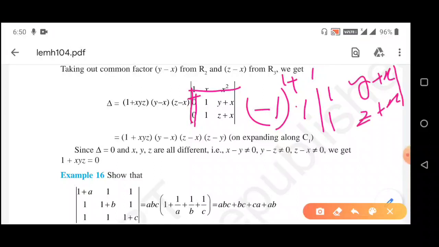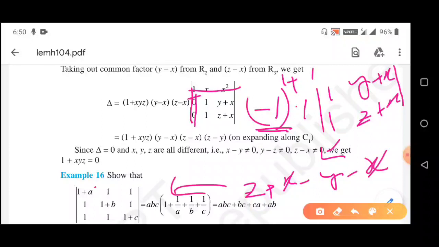Now it will become 1 square minus 1 square. Minus 1 square means 1. So from here we will get z plus x minus y minus x. From here this x and this x we can cut. So from here we will get z minus y.